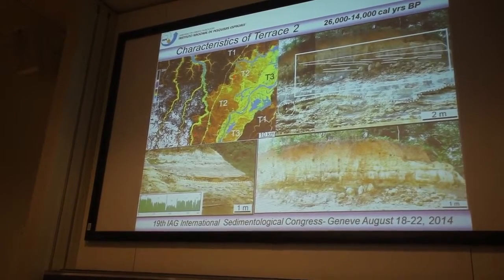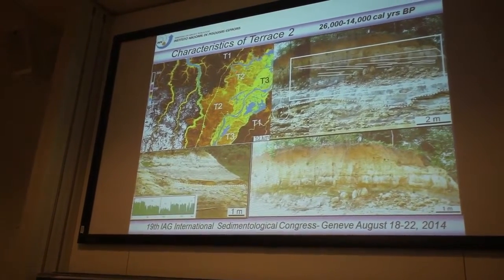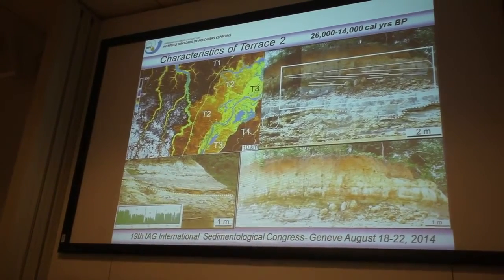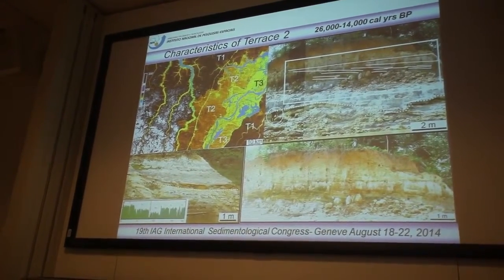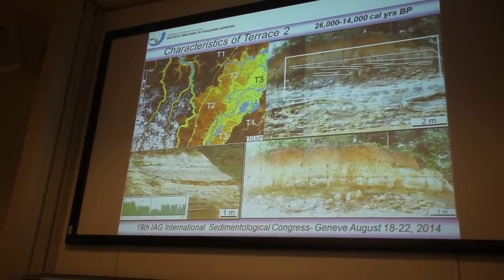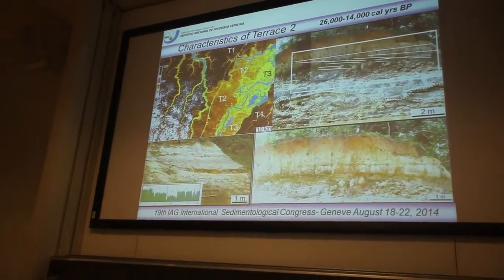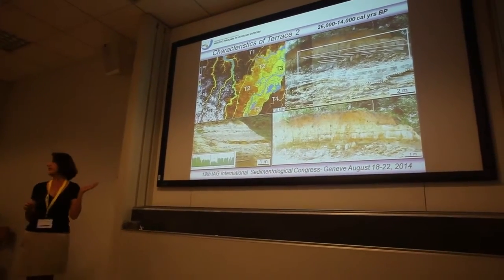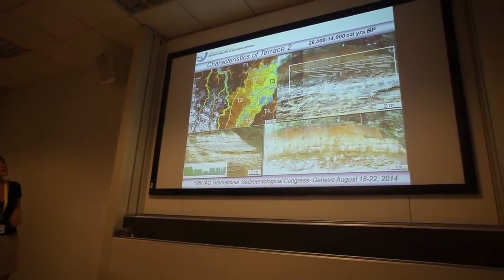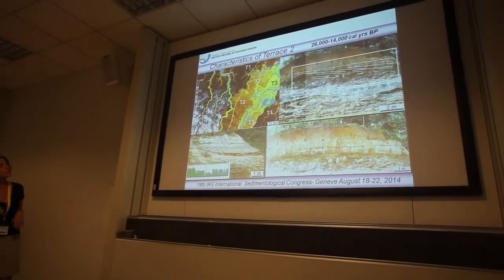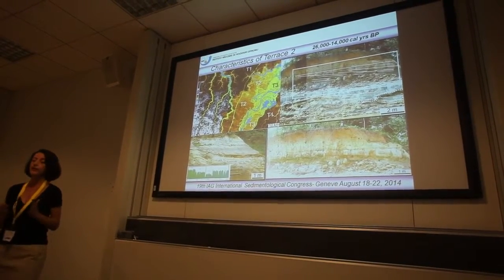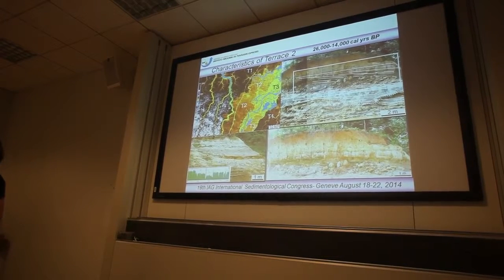As you can see, in terrace T2 there is a lot of meandering system morphology that you can still recognize preserved, which we don't see in the one located far away from this area, terrace 1. I forgot to say that we collected a lot of C14 dating from these terraces.